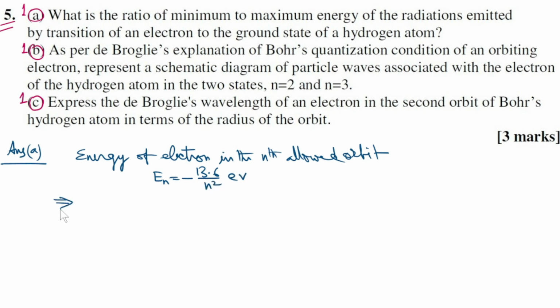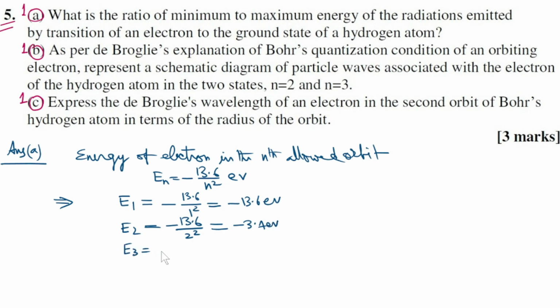It implies that E1 equals to minus 13.6 by 1 square equals to minus 13.6 electron volt. E2 equals to minus 13.6 divided by 2 square and equals to minus 3.4 electron volt.